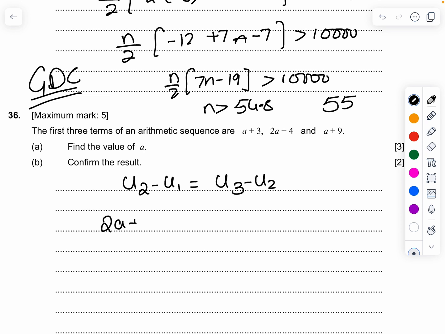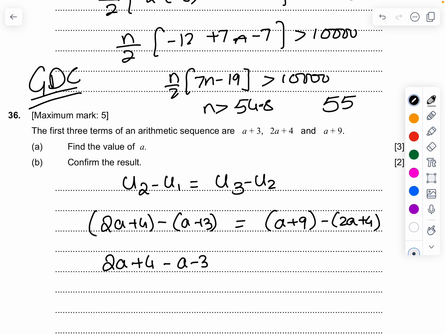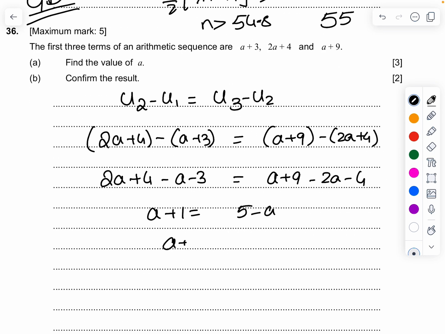Second term is 2a plus 4 minus first term a plus 3 is the same as third term minus second term. So 2a plus 4 minus a minus 3 equals a plus 9 minus 2a minus 4. So a plus 1 equals 5 minus a. Bring all the a terms on one side and the numbers onto the other side. 2a equals 4. So a equals 2.